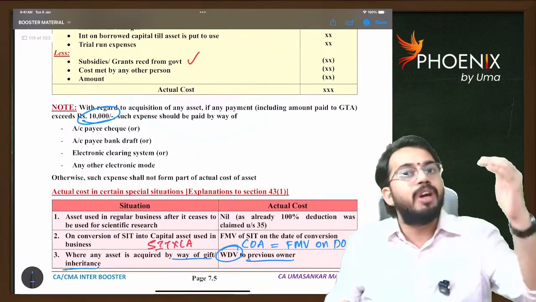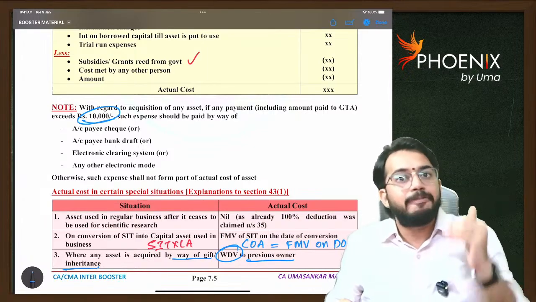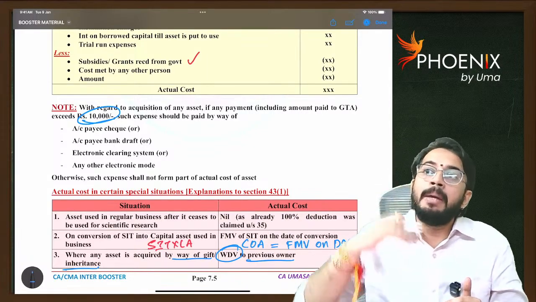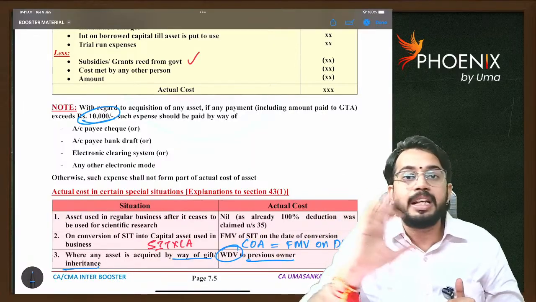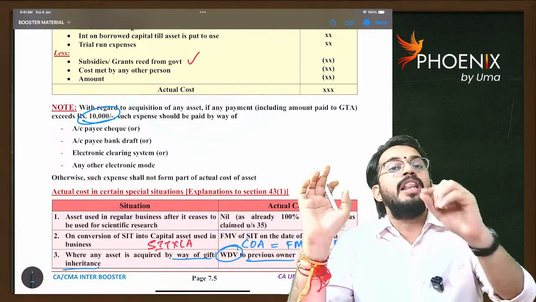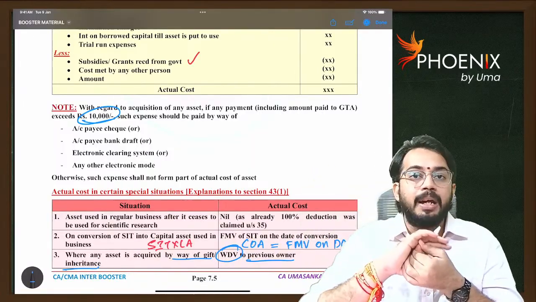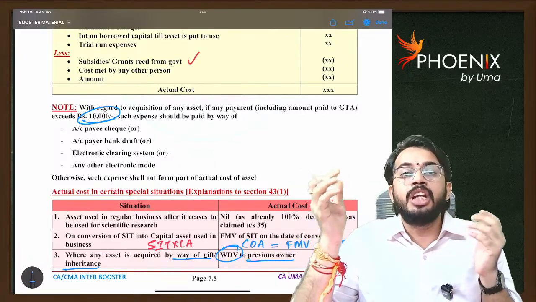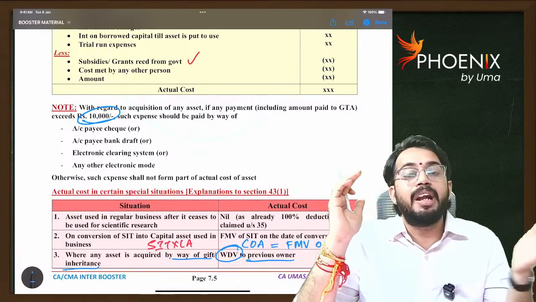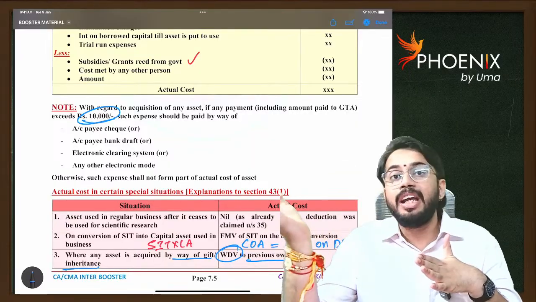So whenever you are purchasing the asset, at the time of purchase, if you make any payment to a transporter, then the 35,000 limit is not applicable. Then also only the 10,000 rupees limit is applicable. Are you able to understand? However, for revenue expenses, sections 30 to 37, section 40A3 is applicable.